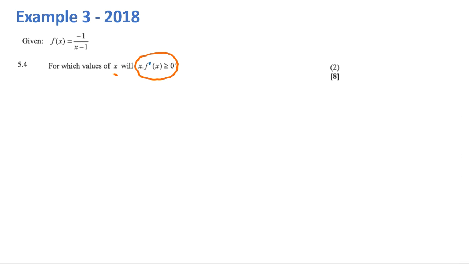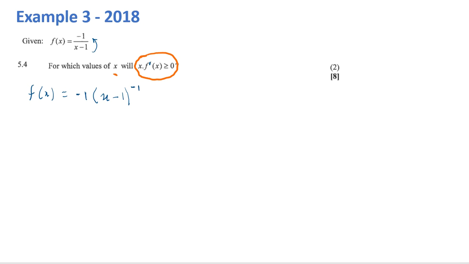Let's have a look. I have f of x given. I'm going to write it in a slightly different form. Have a look here. I'm keeping this minus 1, but I'm bringing this bottom bracket up and giving it a power of minus 1.